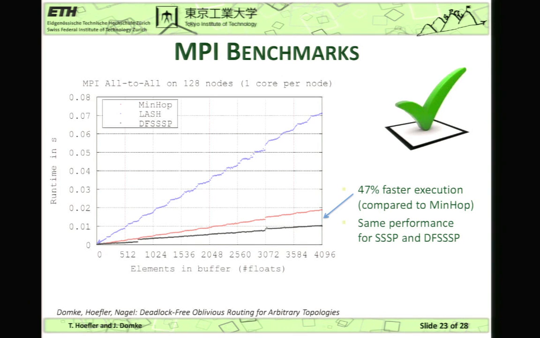So what we did is we compared all-to-all with MinHop. If we just run all-to-all with varying message sizes on the full cluster, so on 128 nodes of this 726 node cluster, we actually get a 47% improvement for all-to-all performance compared to the other routing. Again, we switch a little bit of software, and we suddenly get much better performance.